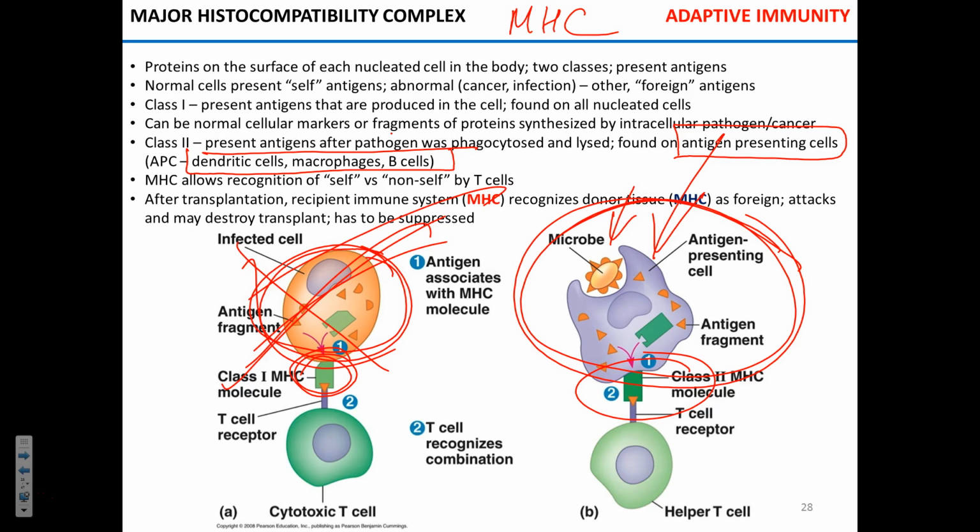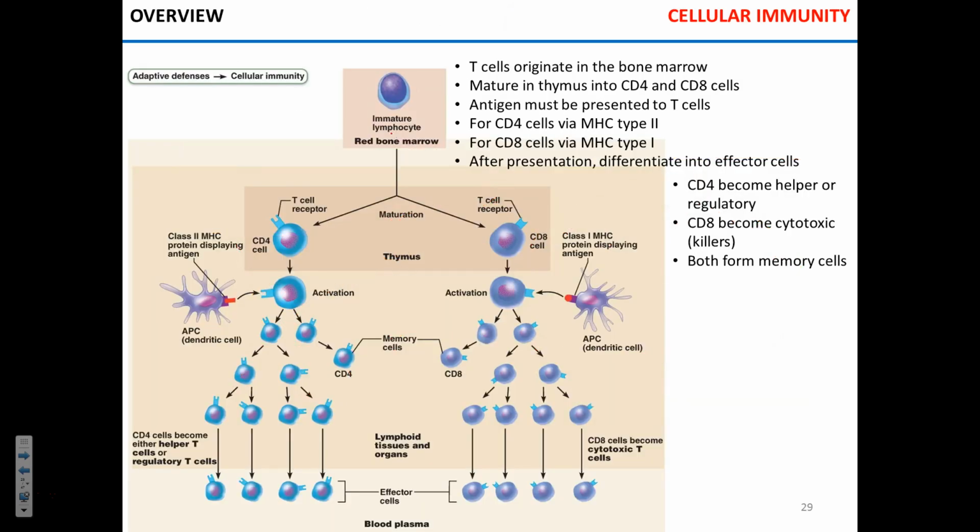The cells of the organ are not infected, and they are absolutely functional. The only problem is that your immune system recognizes them as not self. They're blue, they're not black. Hence, your immune system will attack and actually will destroy the transplant. Good?